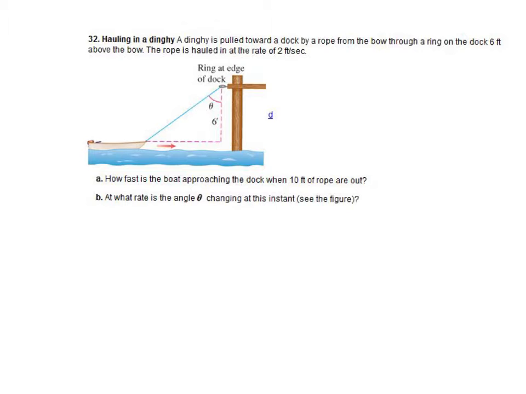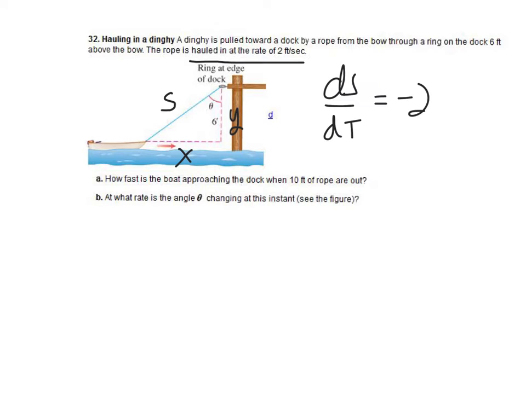Now we have this distance is changing, this distance is changing, this distance is constantly fixed at 6. So we don't have to worry so much about a y or dy/dx or dy/dt. We just have to worry about the horizontal distance in the rope because the rope's changing. Now they do tell me that the rope is being hauled in at the rate of 2 feet per second. So ds/dt is going to be a negative 2.